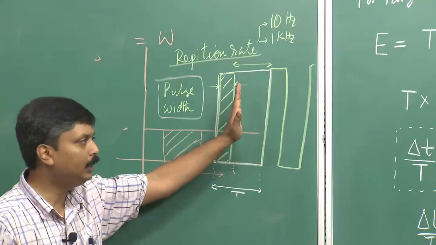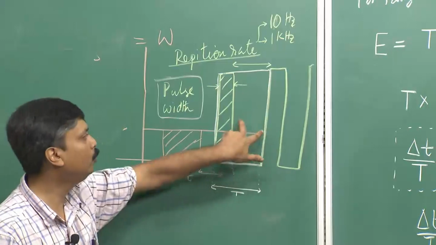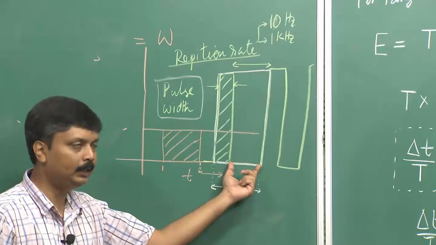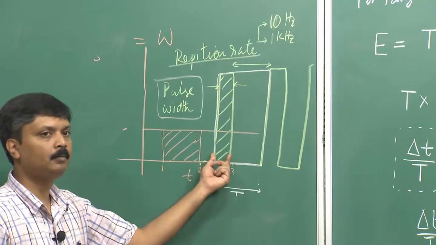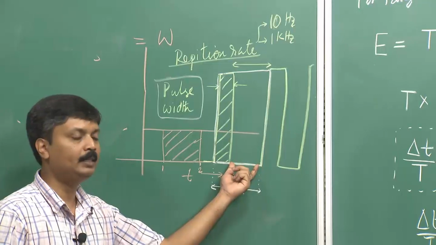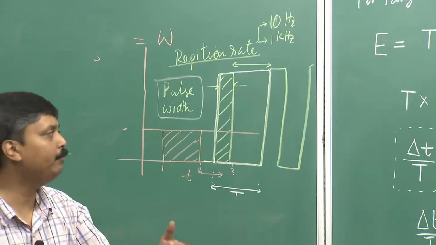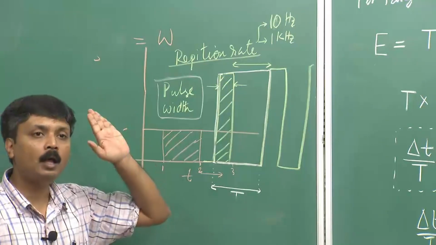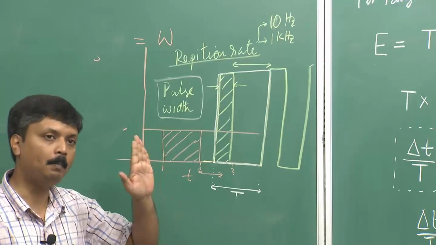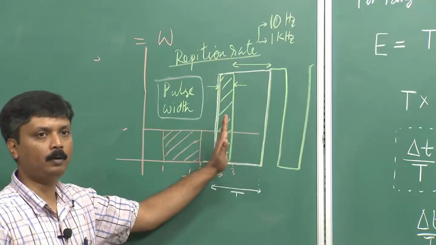In a pulse laser, the light is turned off for a certain period of time, which is equal to this amount. But what I am saying is, if the laser would not be turned off for this period of time, that means if it would behave like a continuous wave, then whatever power we would get, that is my peak power.